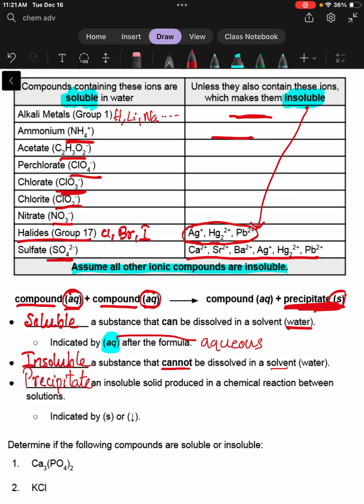It's not related to precipitation in the normal world. A precipitate is a solid formed from a chemical reaction, which is indicated by s, or, since it is a solid, we will use a down arrow to represent it. You have to use either of these on your test.